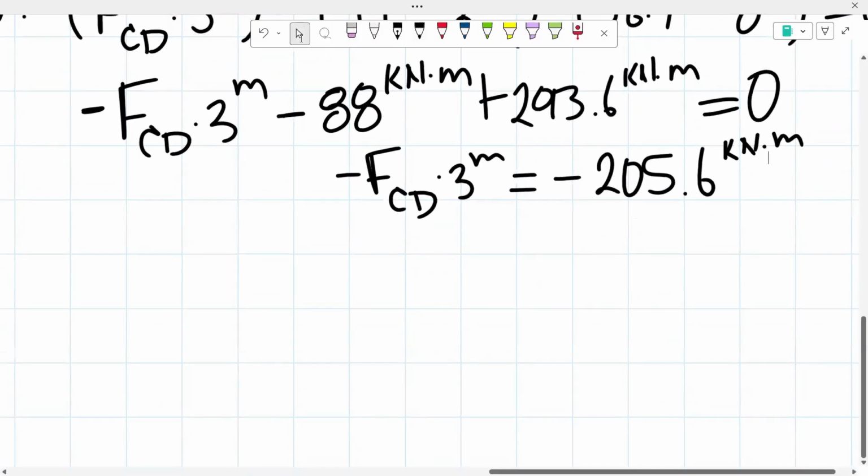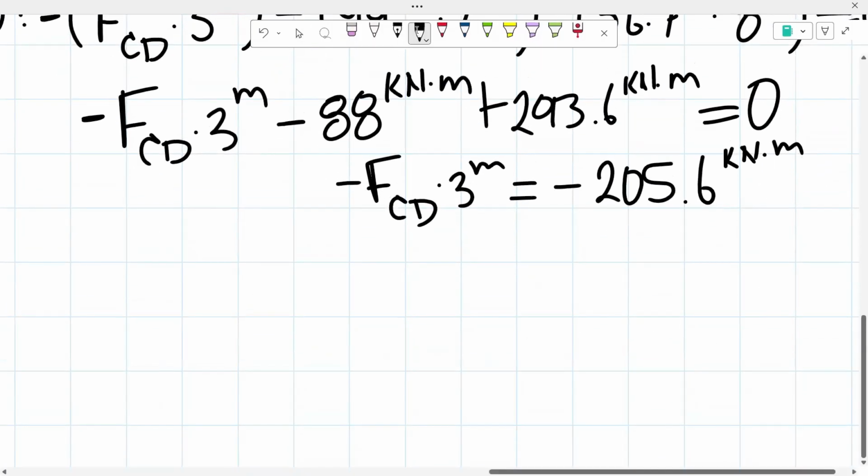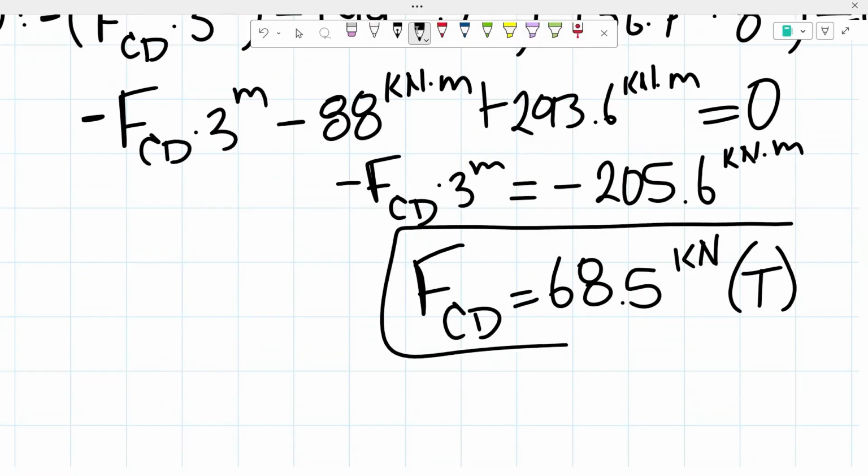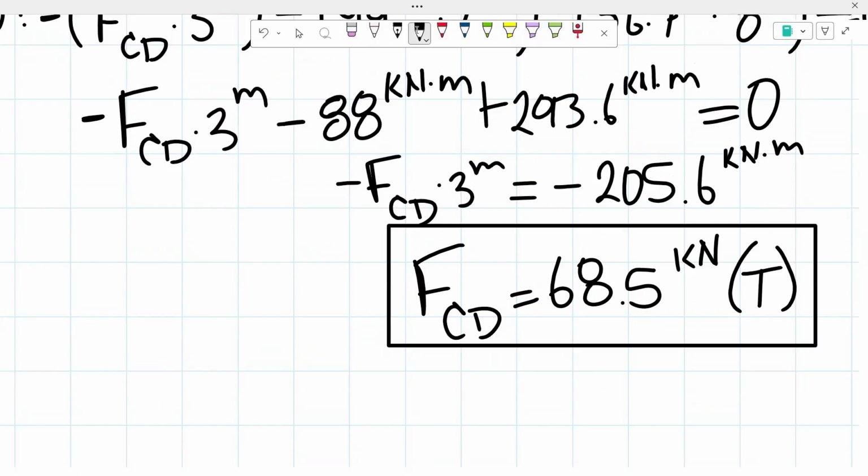And then if we were to divide both sides by 3, we would end up getting that the force of the member CD is equal to 68.5 kilonewtons. And since we got a positive number, that means that we assumed correctly. So we do know that this member is going to be in tension.